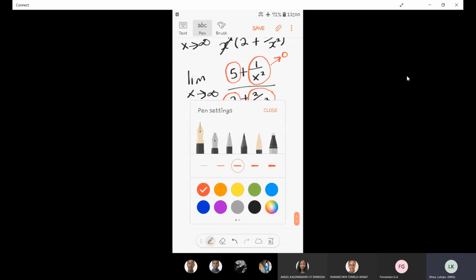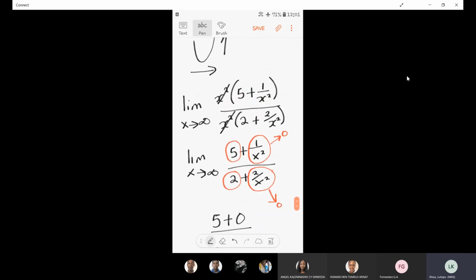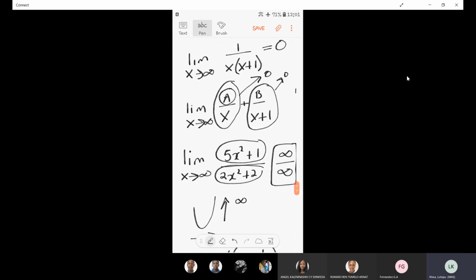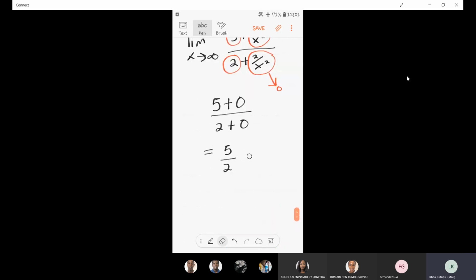My limit is actually equal to 5 plus 0 over 2 plus 0, and this is just equal to 5 over 2. So the limit of this function, as x gets bigger and bigger, is not equal to 0. The limit is actually equal to 5 over 2.